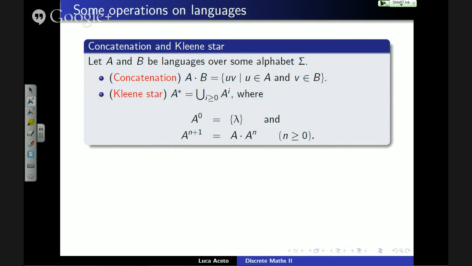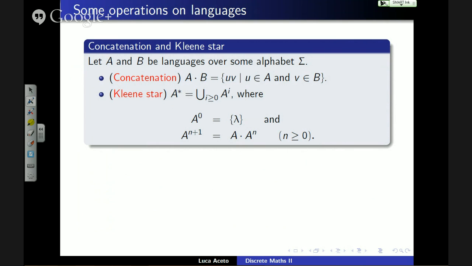Pick any number means pick 0 strings, for instance, from the language A. If you write 0 strings one after the other, what string do you get out? Do you write anything? No. So you've written the empty string. So the empty string is always in A star. Any number means, for instance, one string from A. So everything in A is also in A star.